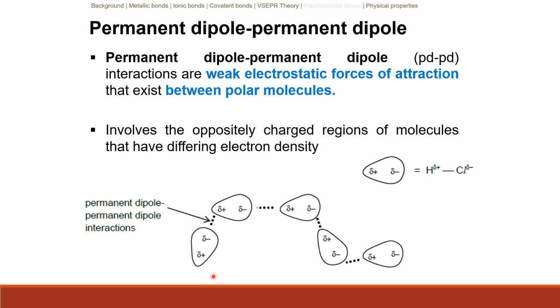I trust that you remember this is due to the difference in electronegativities between H and Cl atoms. So what is between the molecules is PD-PD interactions. At this point, I want to gently remind you that within each HCl molecule, the strong covalent bond still exists. So please do not confuse the covalent bond with PD-PD interactions.